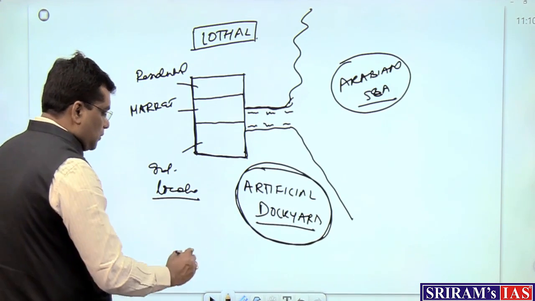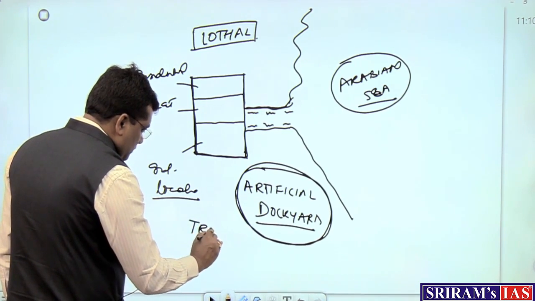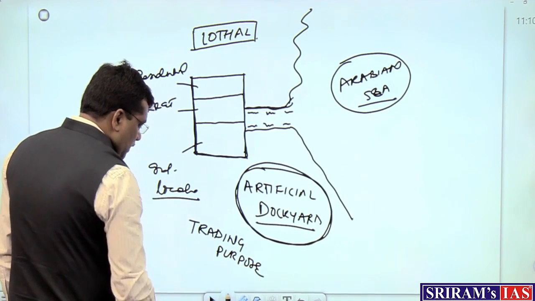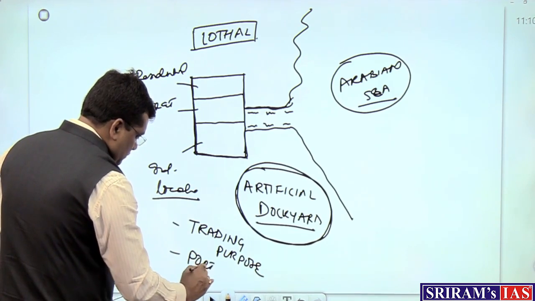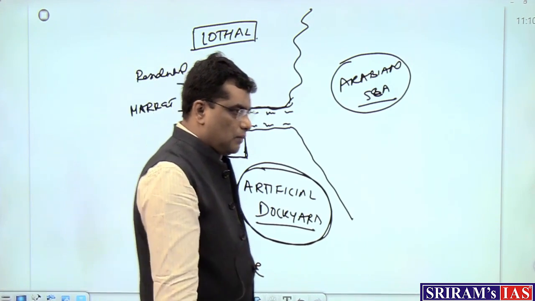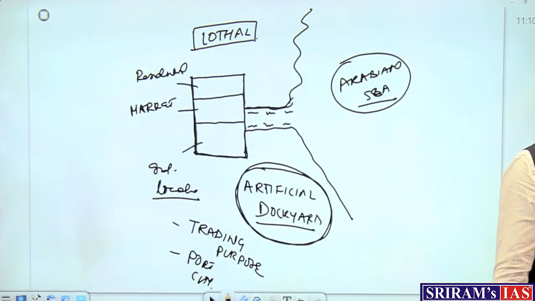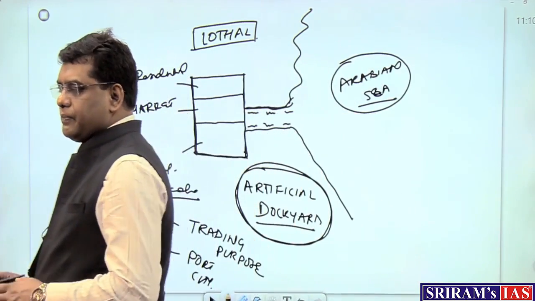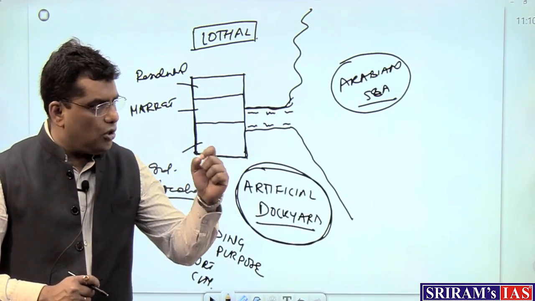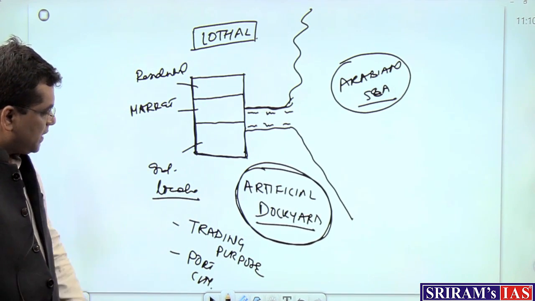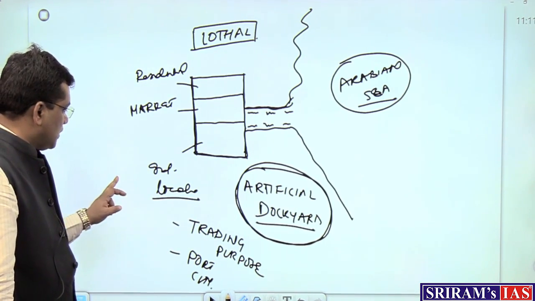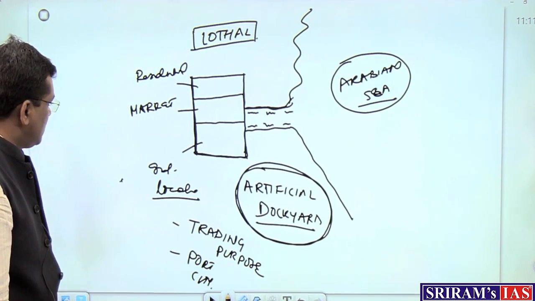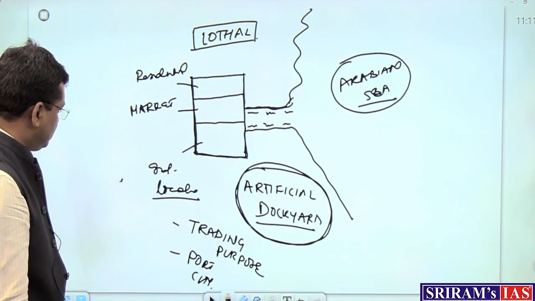Obviously, Lothal was constructed for trading purposes. It was a port city, and it was the latest city to come into existence in the Harappan civilization. This type of example you can have as options in your paper. So this is the latest city of the Harappan civilization, well designed with residential, market, and industrial locations.